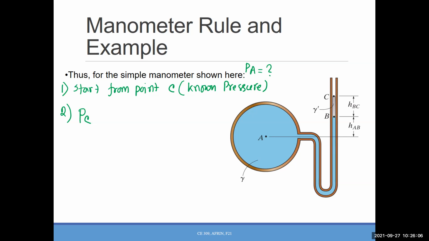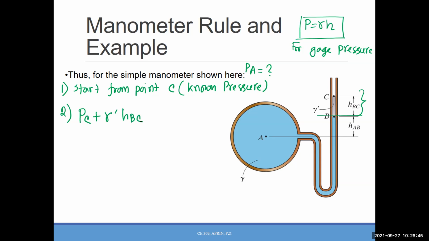B. And B is below point C or above point C? At this point, the pressure is actually due to this amount of fluid, right? So I will add this pressure, and P equals gamma H, as we know for gauge pressure. So I will write gamma prime times H_BC.